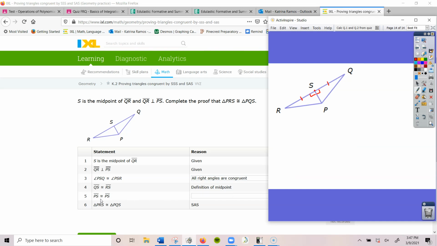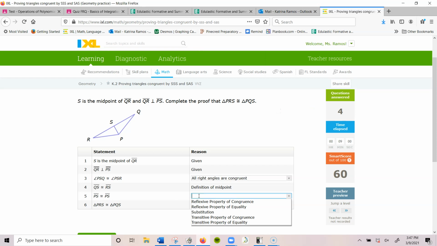Then PS is congruent to PS, and that's the exact same side because they share that side. Whenever you have a statement like that, where one side is exactly the same as the other, think of a reflection. That's the reflexive property. Reflection, reflexive. When you look at your reflection, you're looking at yourself. That's the way I look at it.